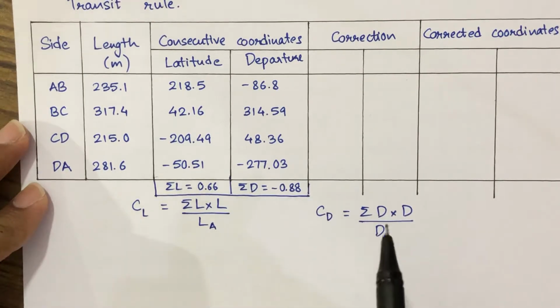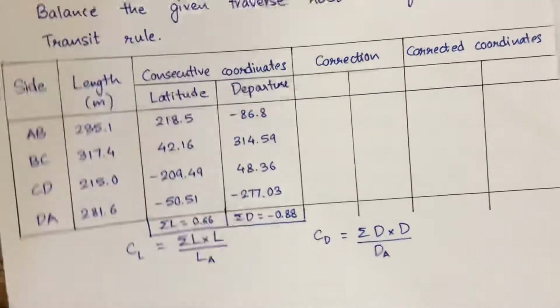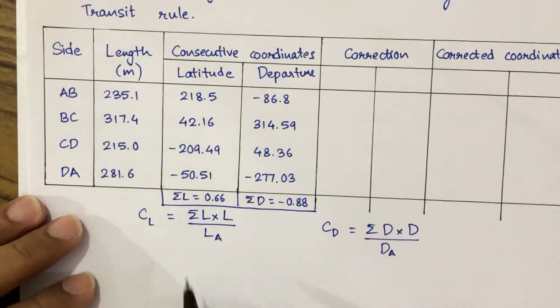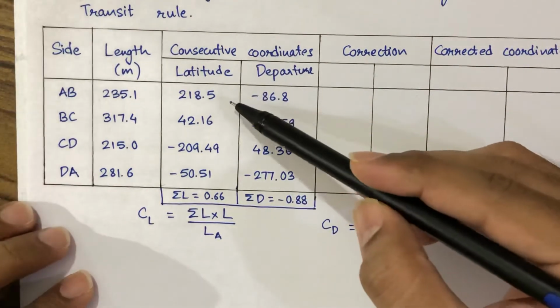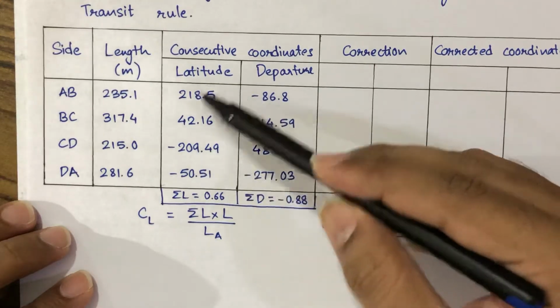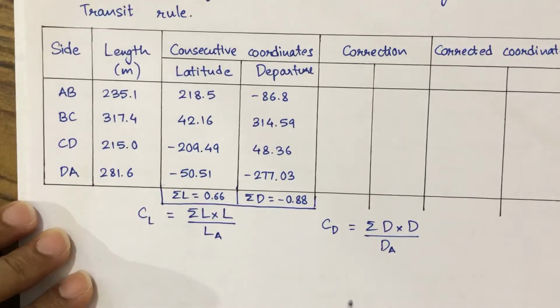Based on these values, we also need to calculate the arithmetical sum of latitudes, that is this LA. LA is calculated depending on all these latitude values, but here we need not consider the minus sign.